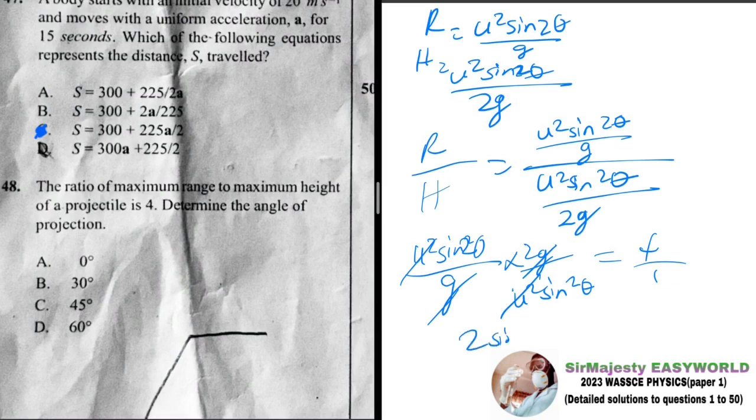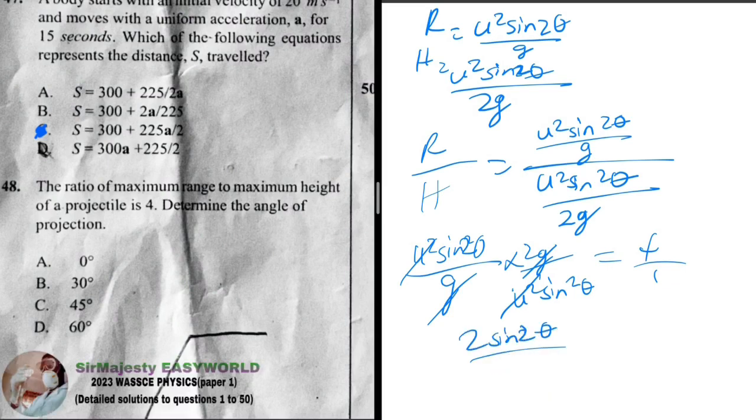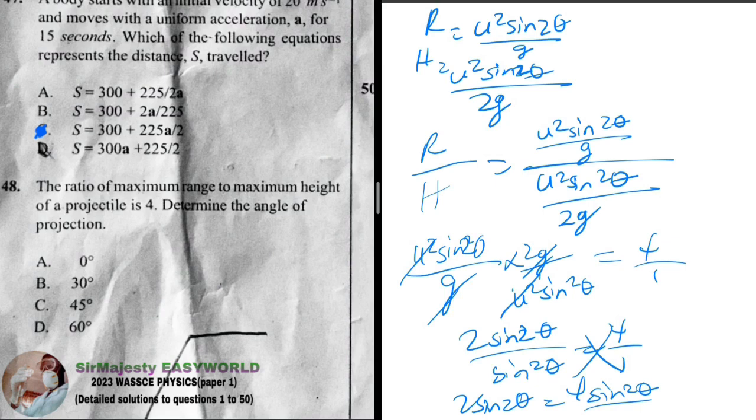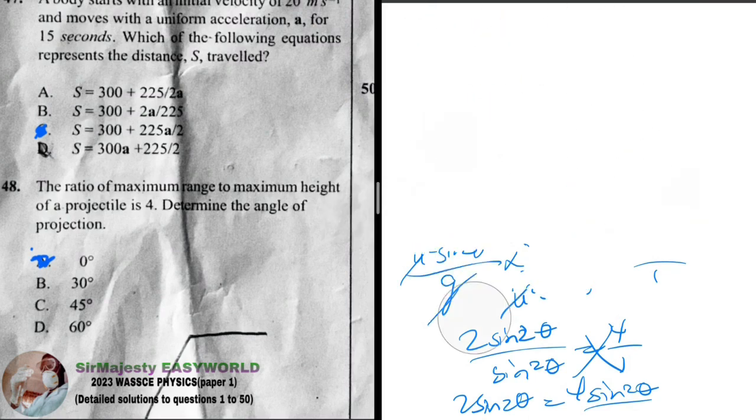So that will be 2 sine 2 theta over sine square theta, which is equal to 4 over 1. Cross multiplying, that will be 2 sine 2 theta is equal to 4 sine square theta. So the only angle that satisfies this equation is 0 degrees. So the correct answer to this question is A, 0 degrees.